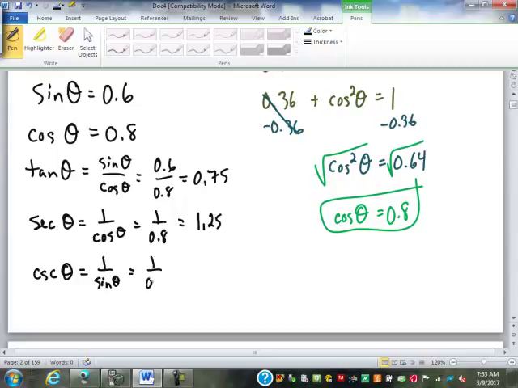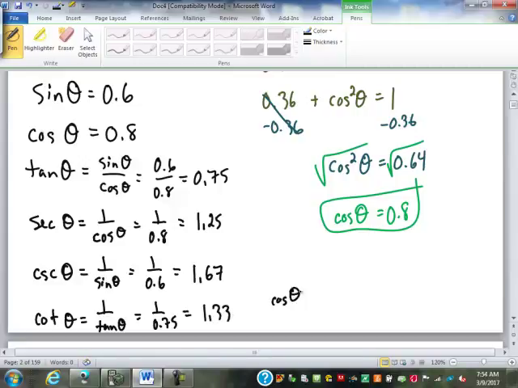So that's going to be 1 over 0.6, which is going to be 1.67. And the cotangent, there's a couple of different routes we go there. We could either go 1 over the tangent, which would be 1 over 0.75, which is 1.33. Or we could have done cosine over the sine, which would be 0.8 over 0.6, which would also be 1.33.